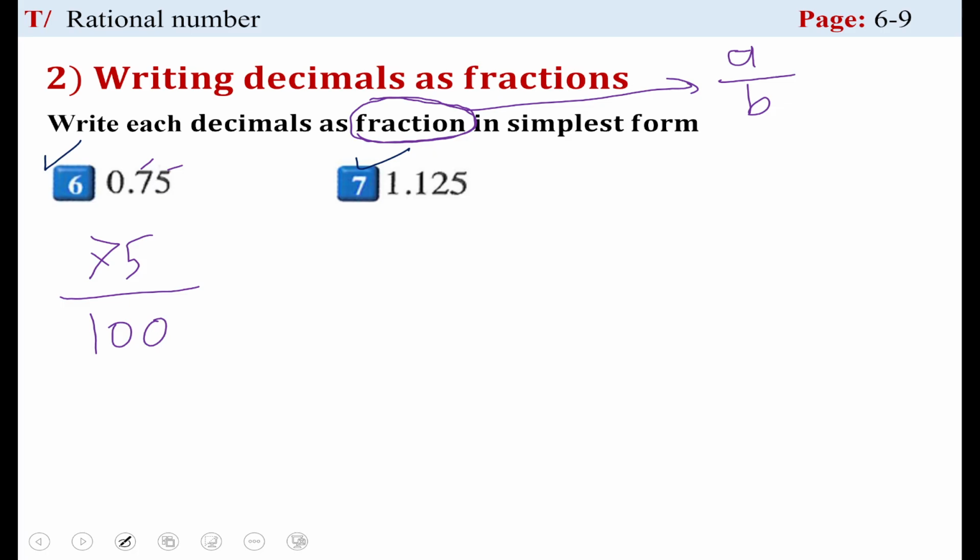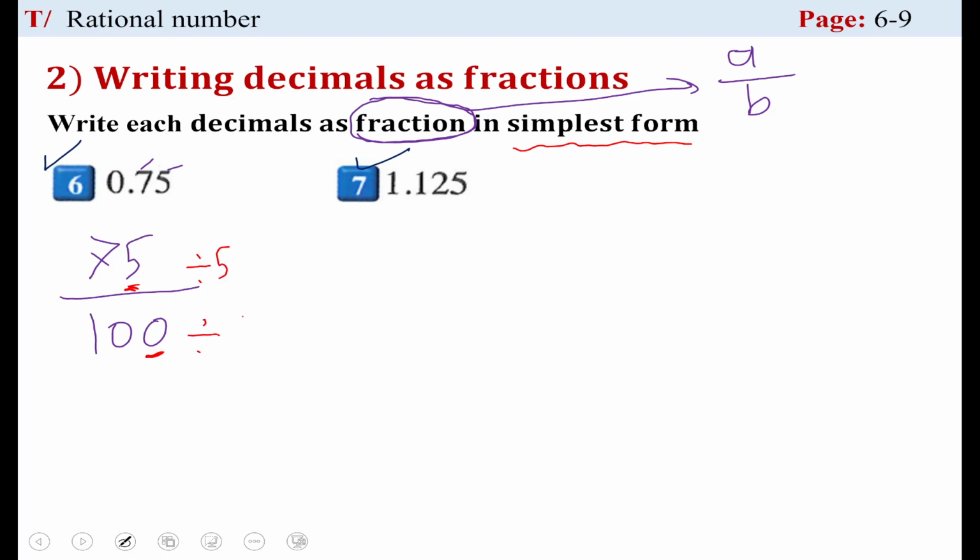But go back to the question. The question says simplest form, so we need to simplify. 75 over 100 is a big number. I'll use the divisibility. The last digit is 5 and the last digit is 0. If the last digit is 0 or 5, we can divide by 5.